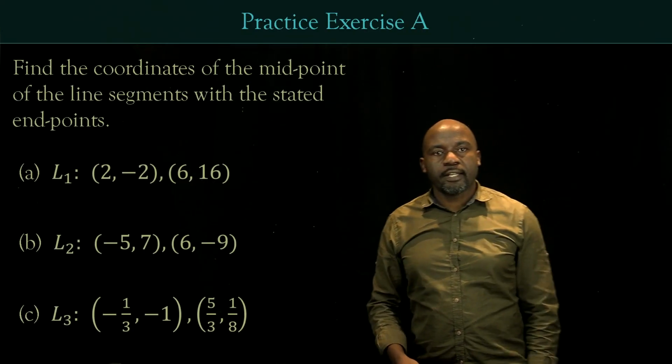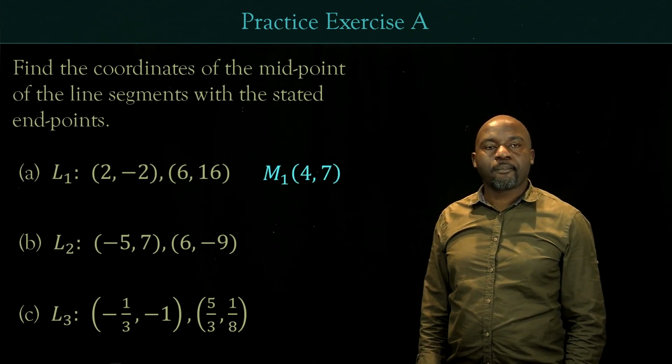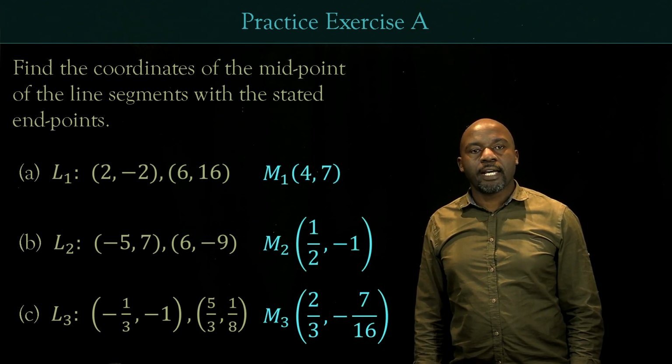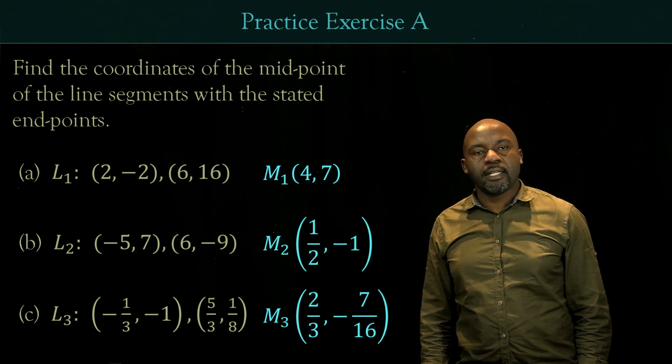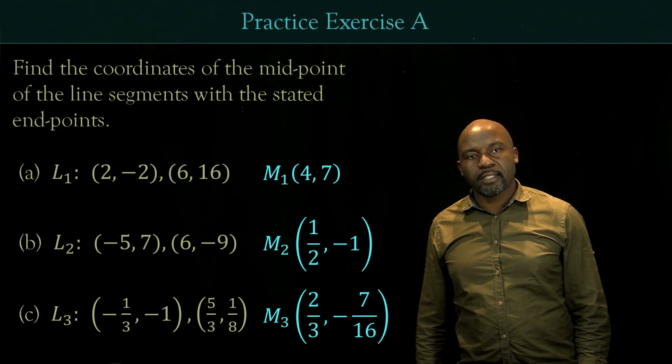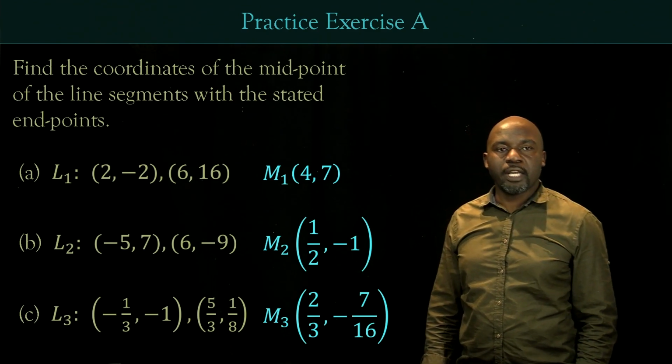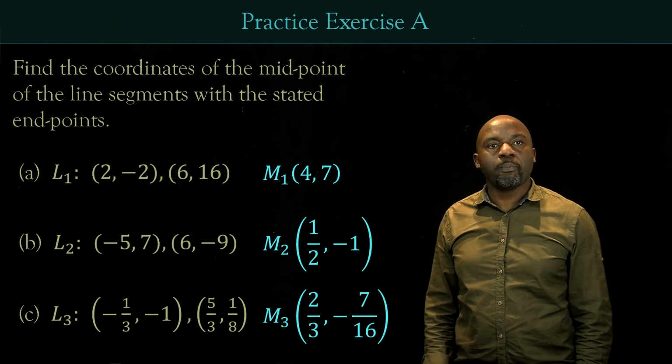So if you did this correctly, this is what you should find. Check that you got the same answers as I did. If you didn't get these results, then something is wrong. You can ask me and I can go through the problems with you.